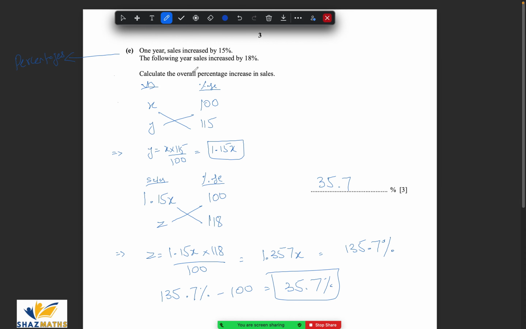The other way would have been you assume this as 100% and then you straight away find that percentage increase, 15%, and then for the next one as well, assume the answer to that one as 100%, calculate 18%, and then add both answers. It should result in the same answer, 35.7. Let's move on to the question number 2.